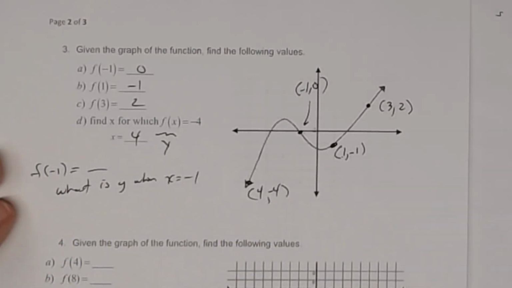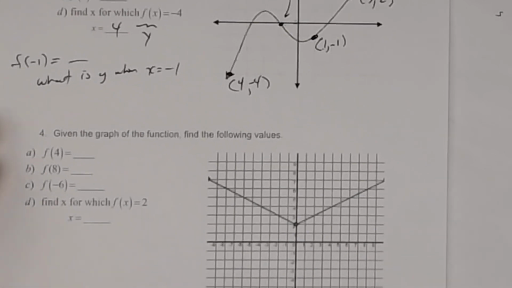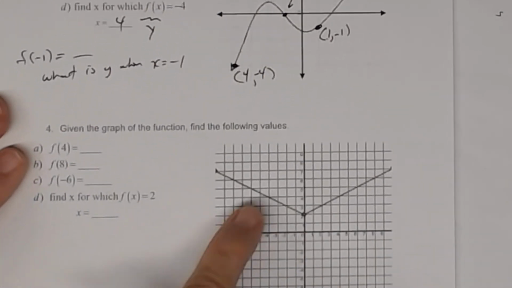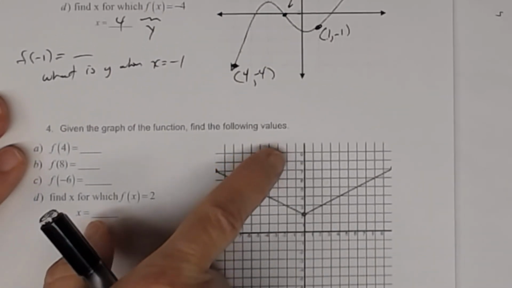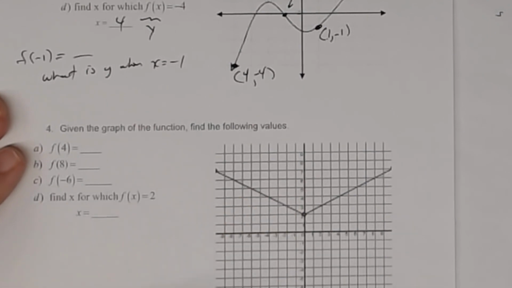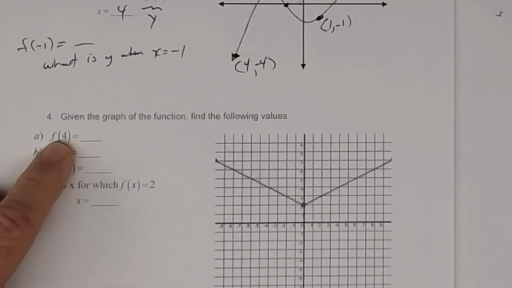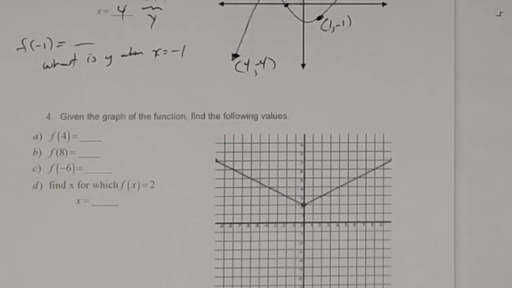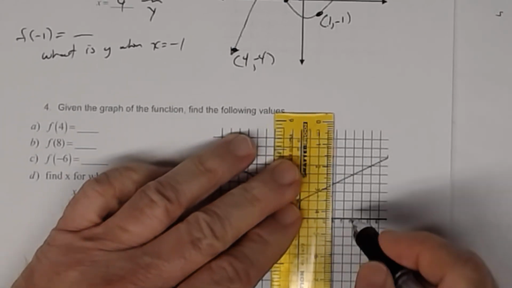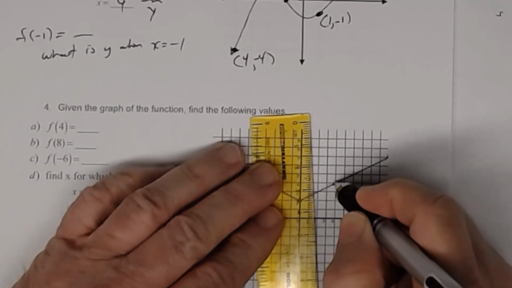Number 4 is the same as this one, except this time you can see it a little bit better. You have a little difficulty with the numbers. They're kind of blurry, but on paper, you would see it better. Same thing, f of 4 equals what? So when x is 4, what's my y value? Here's a point on the graph right here.